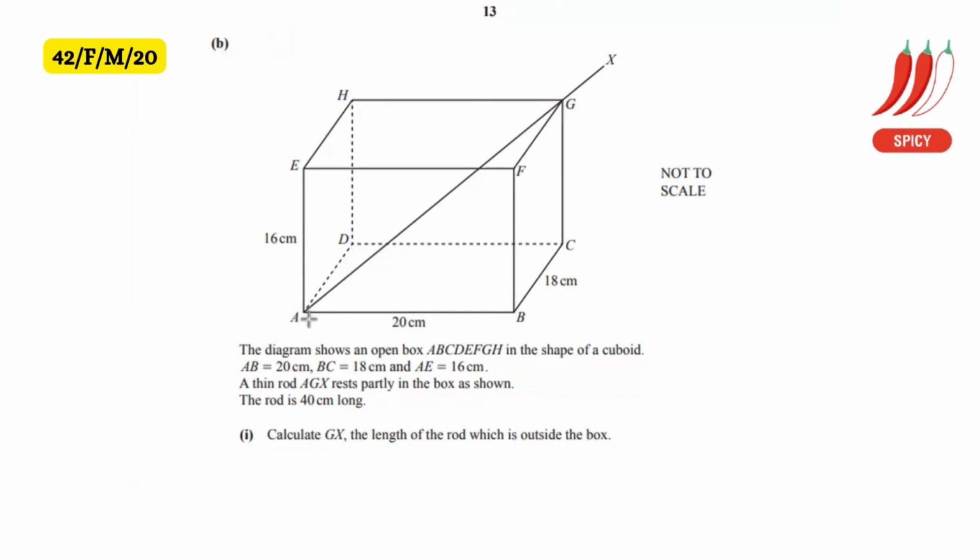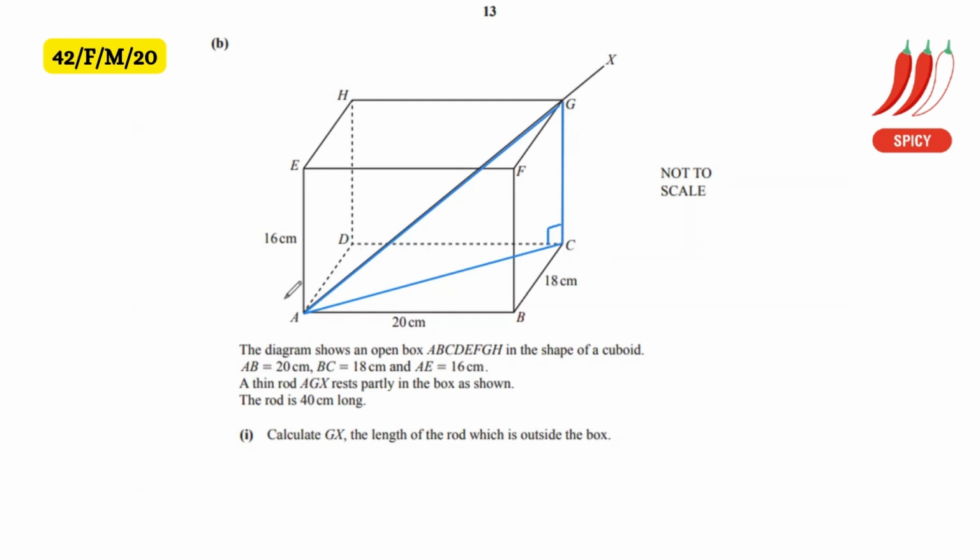So now if you notice, if we join point A with C and highlight these lengths, we have a right angle over here. This right angle triangle, which is present diagonally in the box, can be easily used to find our value of GX.